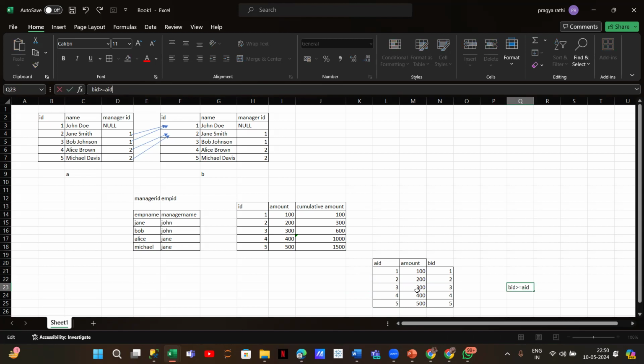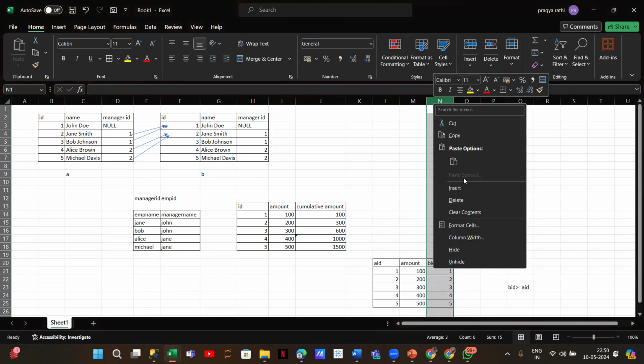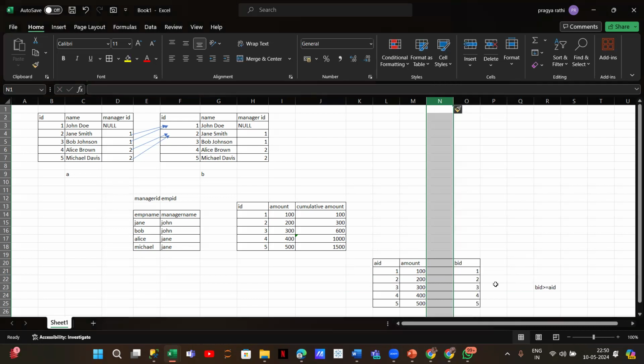So if I have 1 for BID, what AIDs will I get here? If I have BID as 1, what AID will I get? Are you able to get what I'm trying to tell you? No, I'm not asking about the amount here.